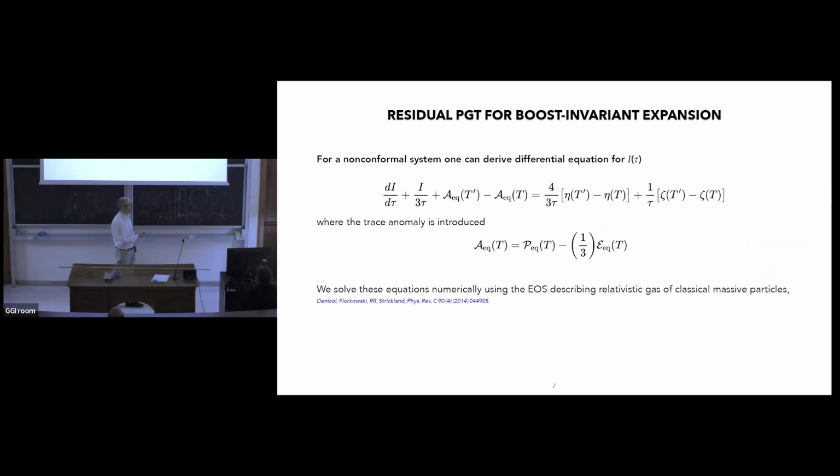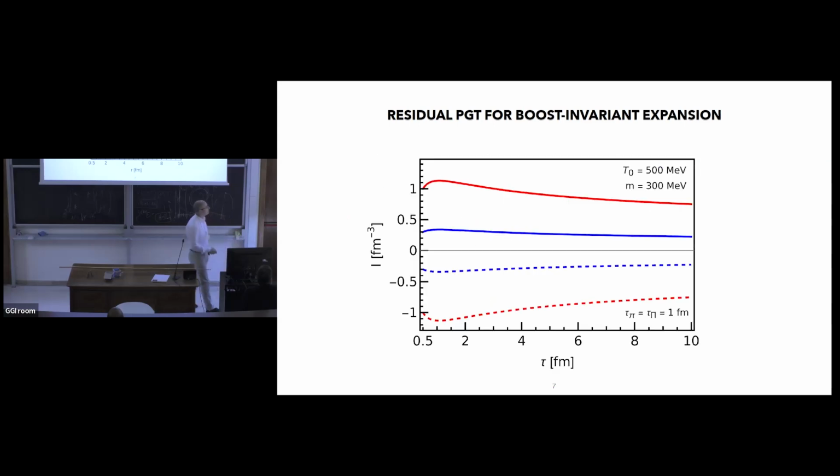And then you can plug in the equation of state from whatever your favorite theory is. We took just a relativistic gas of massive particles, and then you plug in the viscosities for bulk and shear, and you can solve this equation numerically, and you find that it is pretty much allowed.